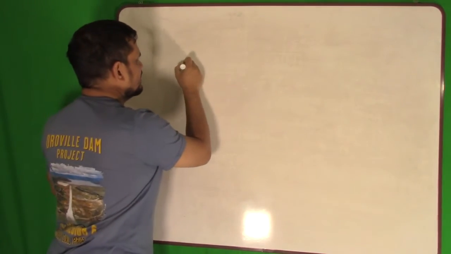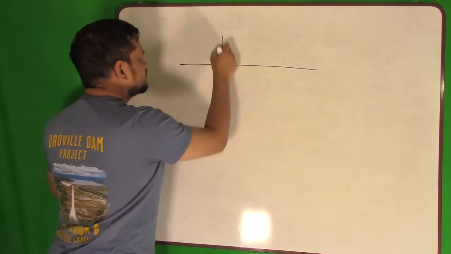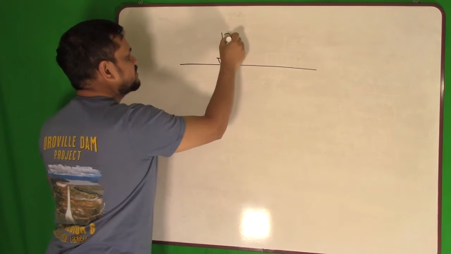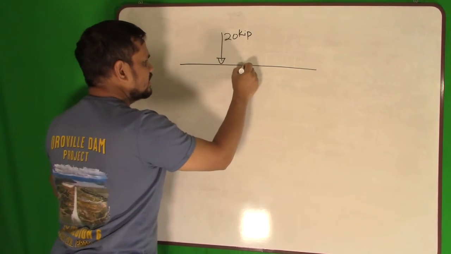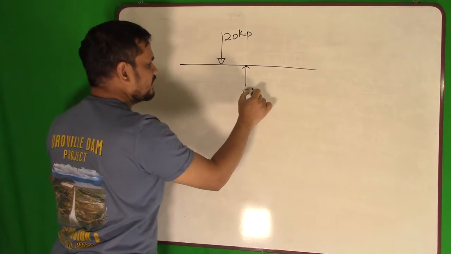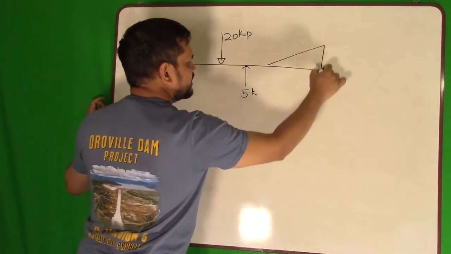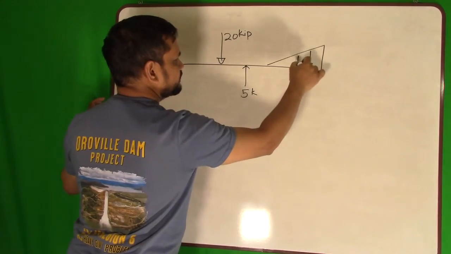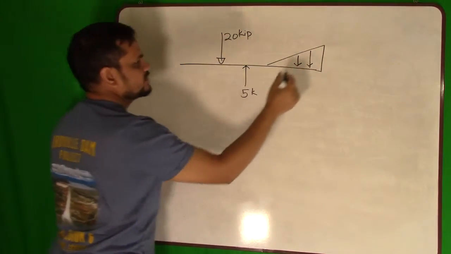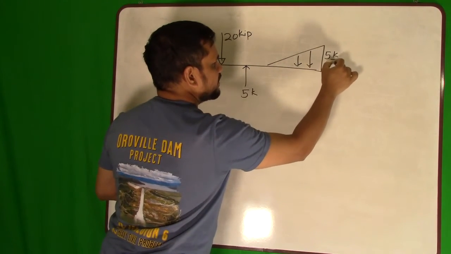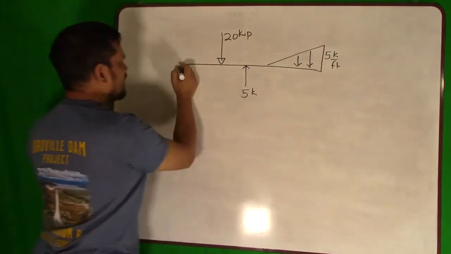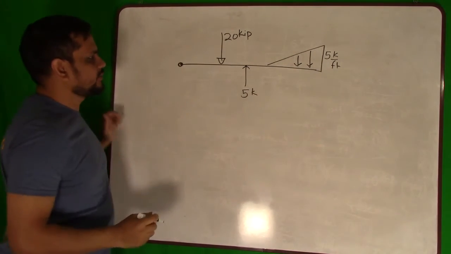See, in a beam, I have one force here that is say 20 kip, another force here that is 5 kip, and another force here that is a triangular force. This value is 5 kip per feet, and this is my reference point.